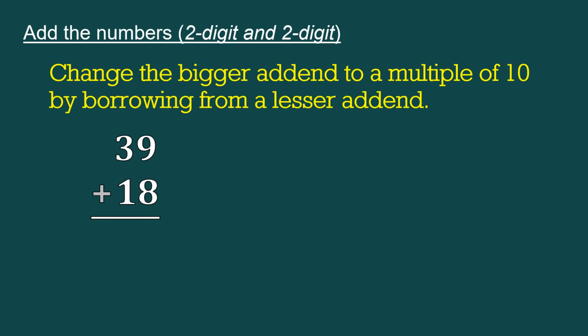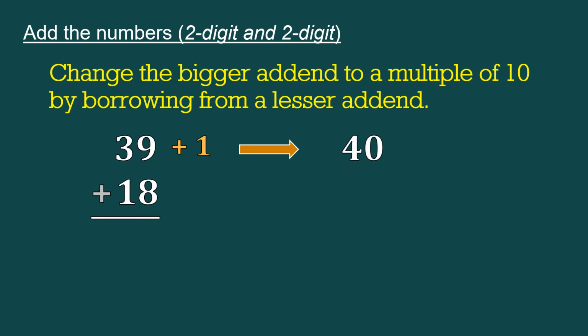Let's find the sum of the 2-digit addends. We have 39 plus 18. We need to add 1 to 39 to make a multiple of 10. 39 plus 1 is equal to 40.